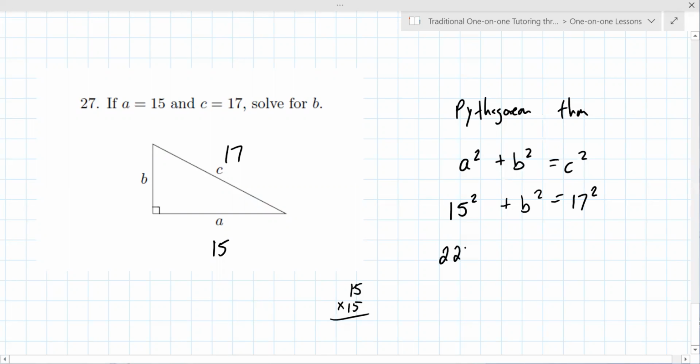Good. And 17 squared. 17 times 17. What is that? Again, if you need to, you can go off to the side or you can grab a calculator.